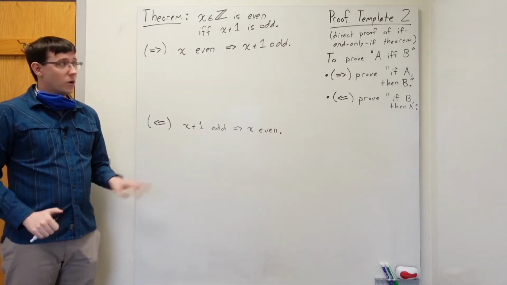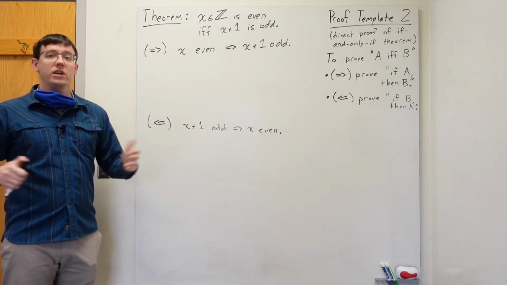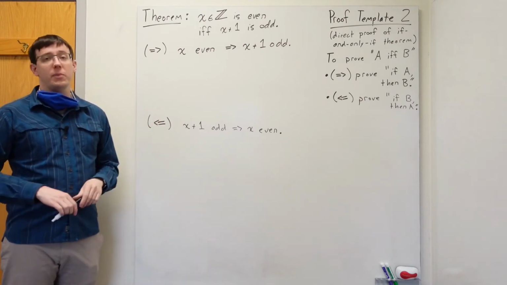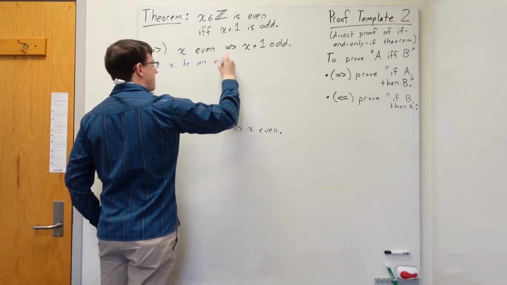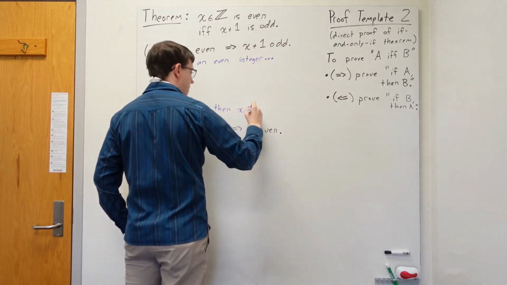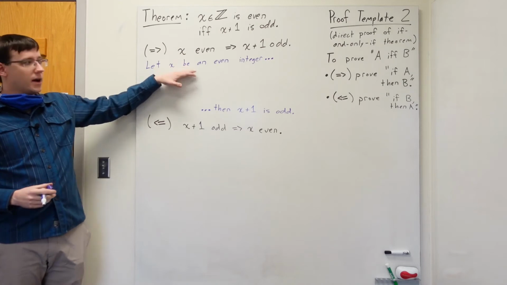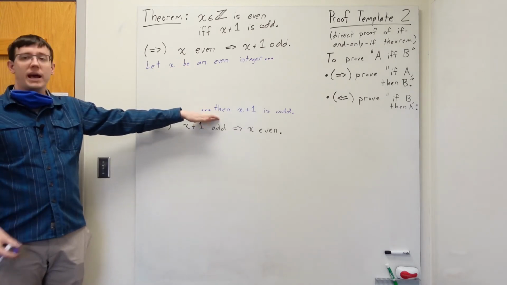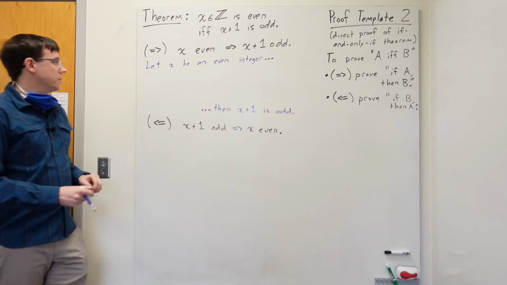So now we have two if-then statements, and we can approach each of them with our proof template from last time. We start with our hypothesis at the top and our conclusion at the bottom. Now we unravel definitions.